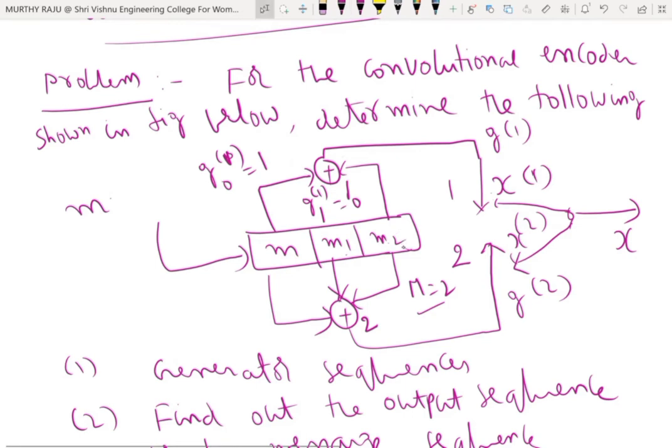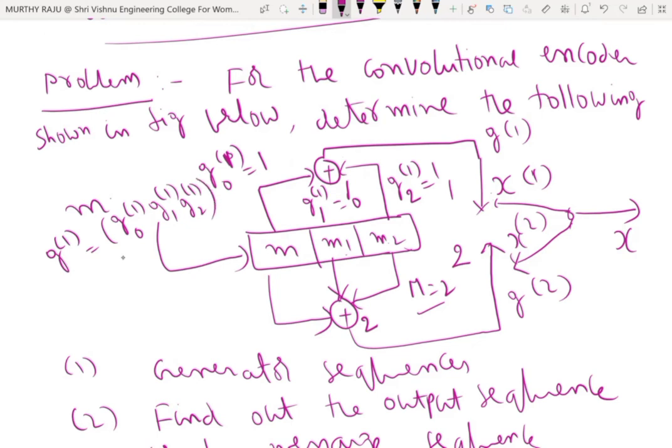From the message bit M2, a connection is there to the first modulo 2 adder, that is G2 of 1, equal to 1. Therefore, G of 1 is equal to G0 of 1, G1 of 1, G2 of 1, that is equal to 1, 0, 1.